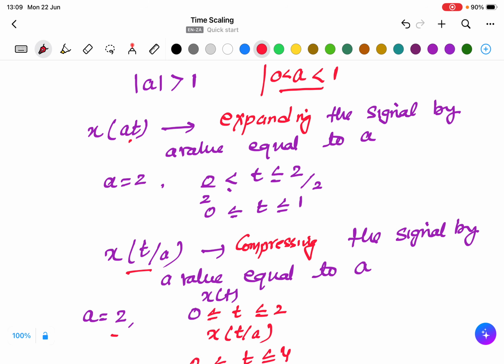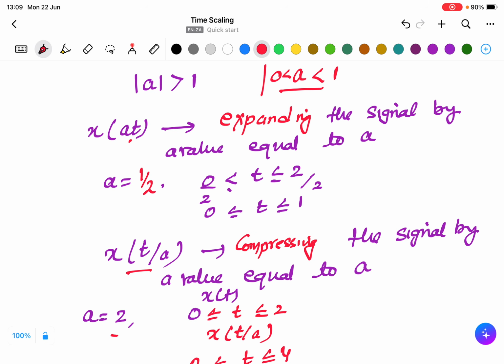Okay, so the same thing will be there, but now it will change with respect to expansion and compression, and this thing also will be changing. Let's say your a will then equal 1/2.